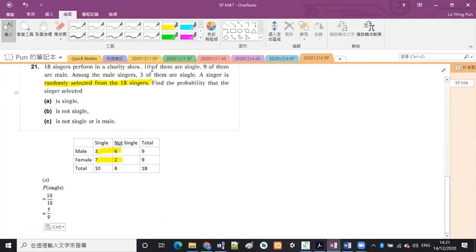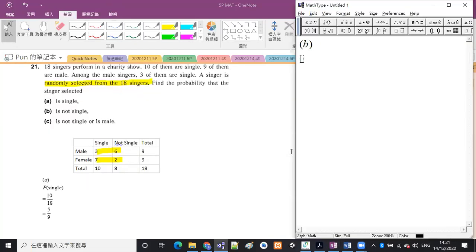Although it was already given to you, reading it from our own data is better. Okay, part B. Not single this time. We want not single. For not single, you can do it this way, 1 minus P(single), or I can directly use the 8 that I already found. But here I want to show you both methods. Because not single is actually 1 minus the probability of selecting a single. So it should be 1 minus the answer of part A. That should be 1 minus 5/9, and then that would be 4/9.